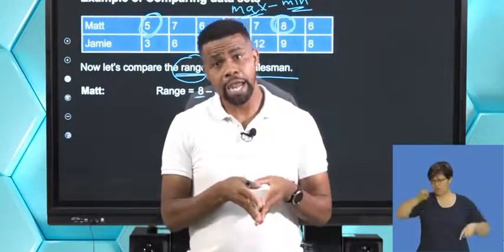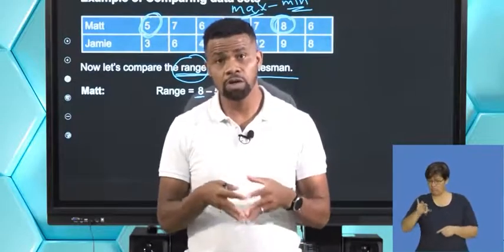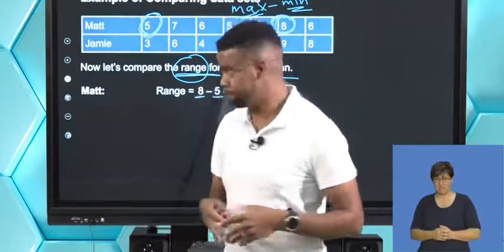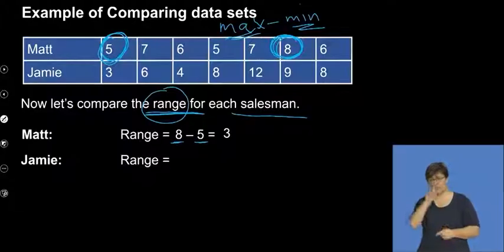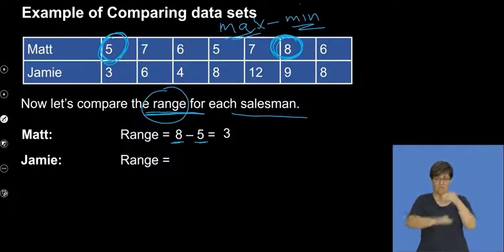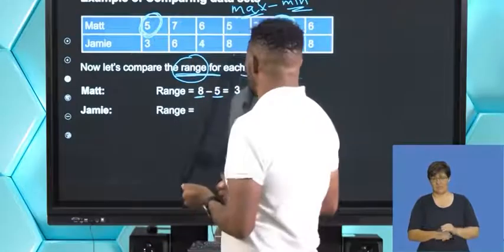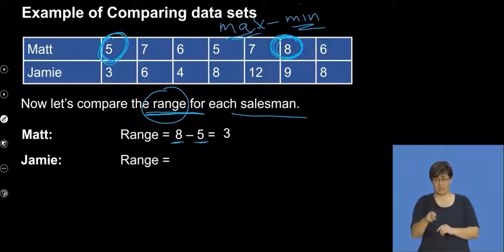What about the range for Jamie? What will that tell us? Okay. So let's look at the range for Jamie. And we know that the range is still the maximum minus the minimum. So the maximum for Jamie is 12, the highest number of sales per day, and the minimum is 3.